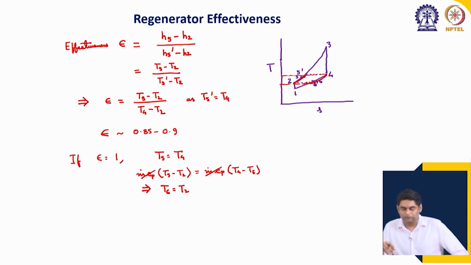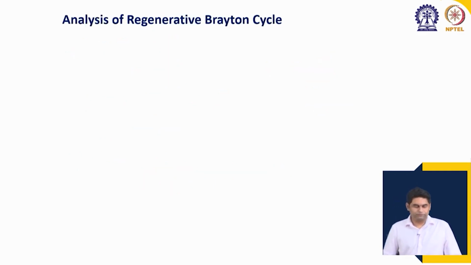Now, let us analyze this cycle for this reference value of perfect regeneration. What is the efficiency and work output of this regenerative Brayton cycle? Again we start with the TS diagram. In all cases you will see that repeatedly we are drawing the TS diagram, because this is very important.